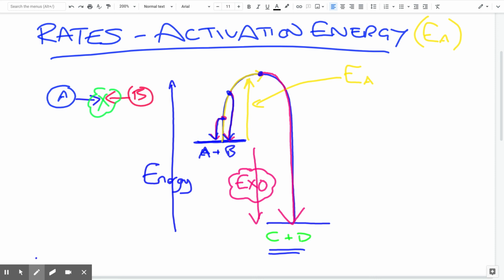Only if they have the sufficient energy here, which, as I say, is governed by this arrow here from the reactants line to the peak of the curve, signified as activation energy, the minimum amount of energy required for a successful collision to occur. So they must have both the activation energy and also collide. If both of those situations are satisfied, a collision will be successful and a reaction will proceed.